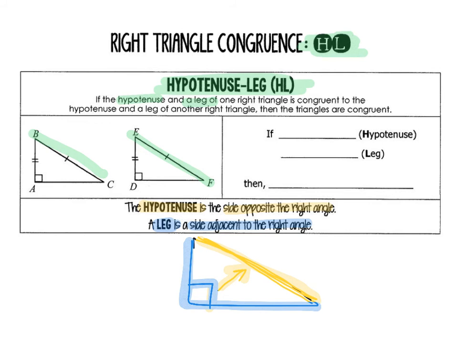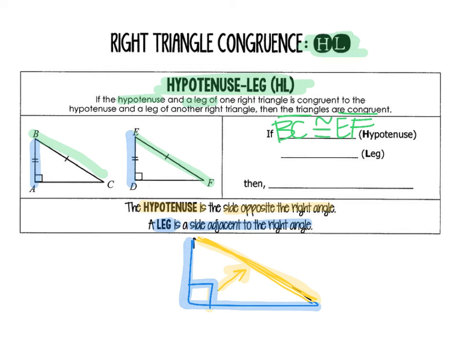Then for one of the legs, here we're given that ED is congruent to BA, but you could have been given that DF is congruent to AC. Either way, it doesn't matter here.